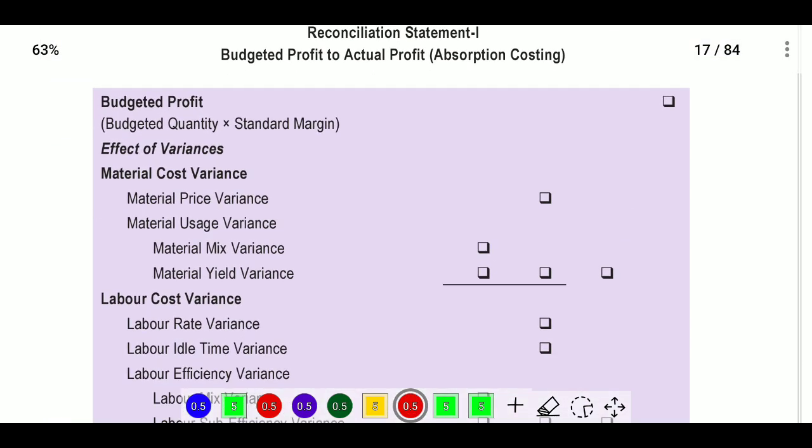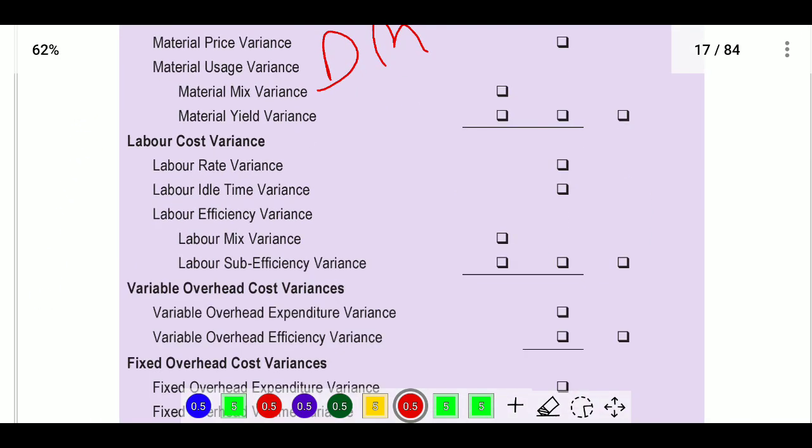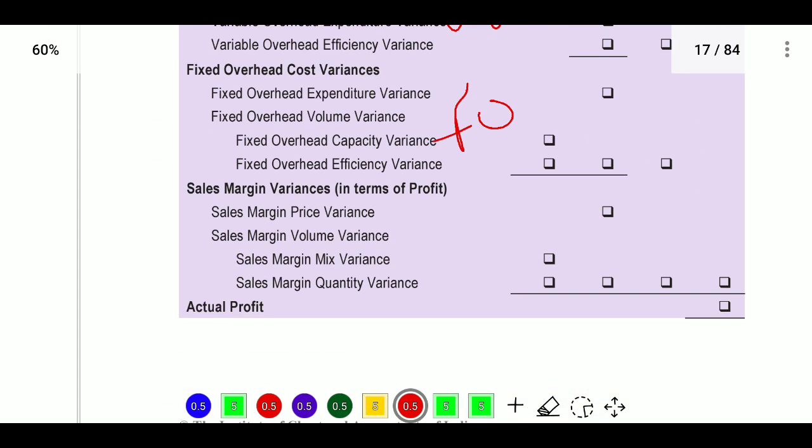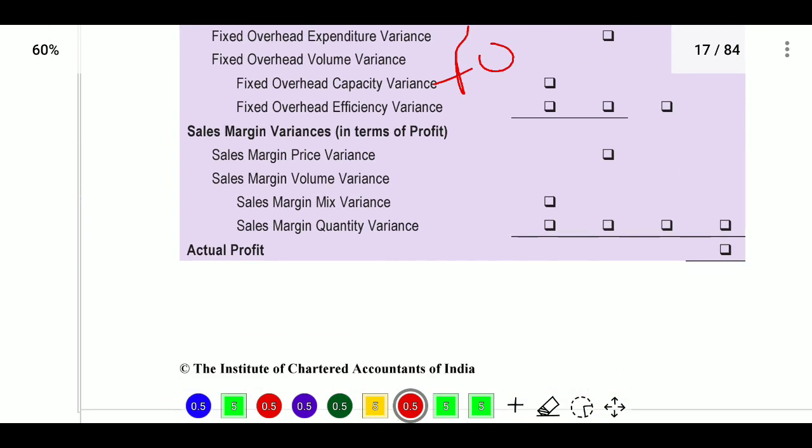In absorption costing, what do we take first? If you see the cost statement, first of all we have direct material, direct labor, overheads and fixed overheads, and we have administration and selling and distribution.